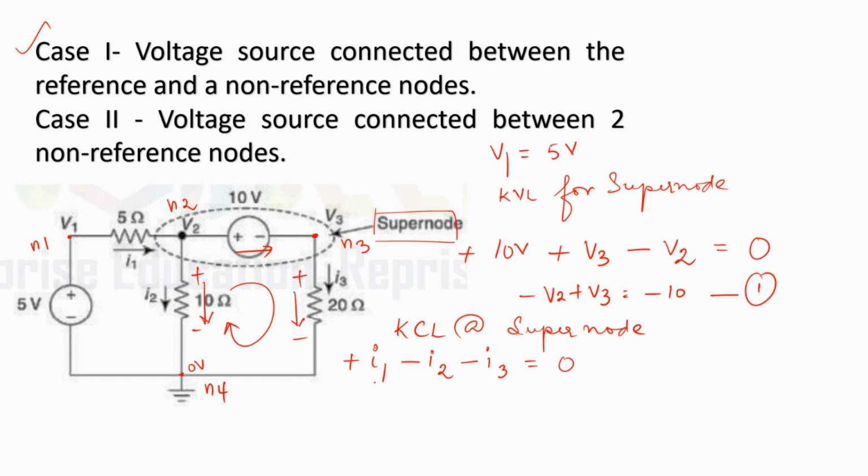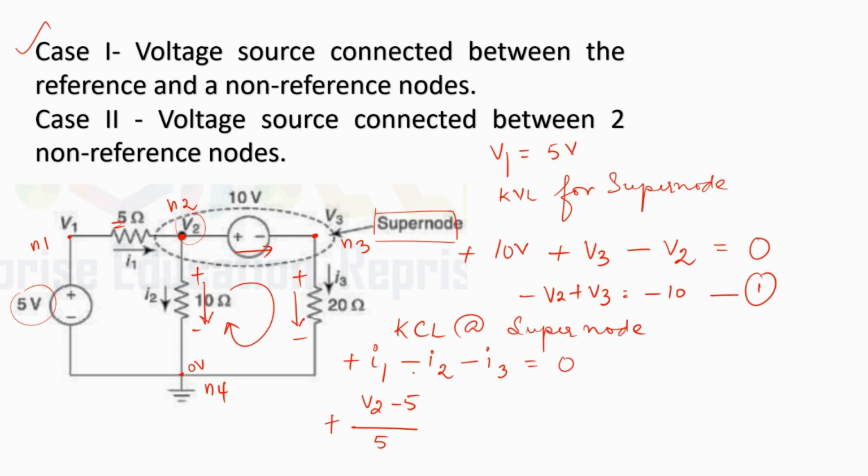Now let us write I1 in terms of the voltages V1, V2 and V3 that we know. What is I1? I1 is the current entering node N2. So we can write I1 as V2 minus 5 divided by 5 ohms. V2 minus 5 volts divided by 5 ohms. And there is no minus sign because the current is entering this node.